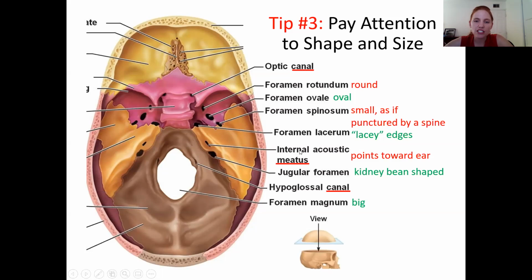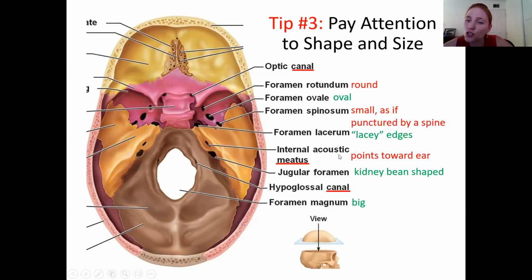Okay, so now the next piece, internal acoustic meatus. Let's go back to that. When you look at the lateral side of the skull, there's this big hole. What is that hole for? That's your ear canal. So that is going to be the external acoustic meatus.